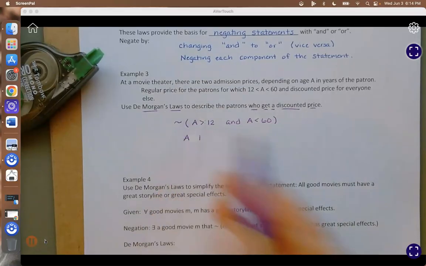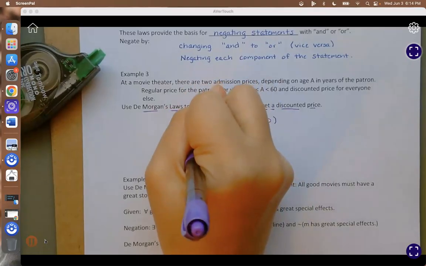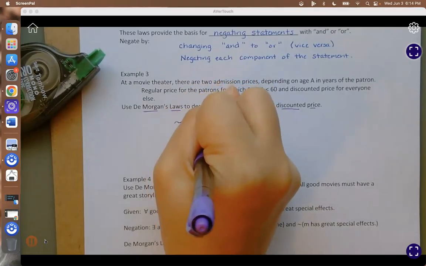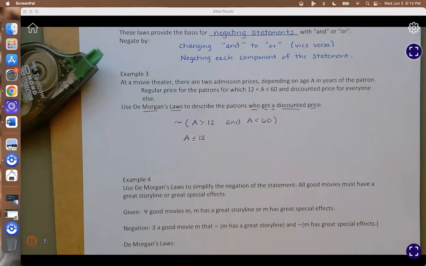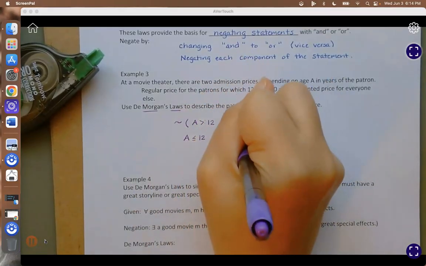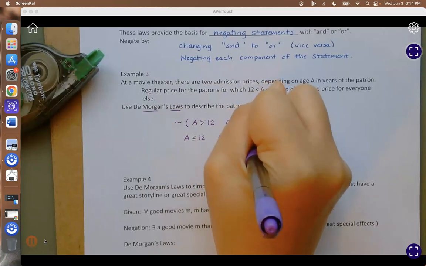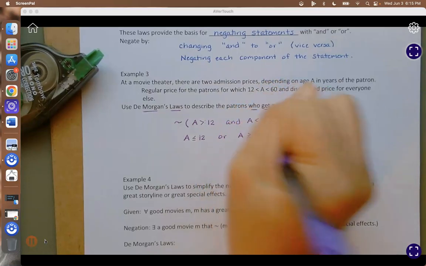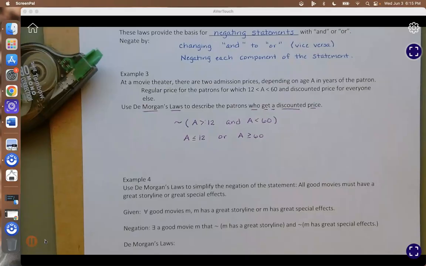So now we're going to do the discounted. So anybody less than or equal to 12 or anybody greater than or equal to 60. Okay.